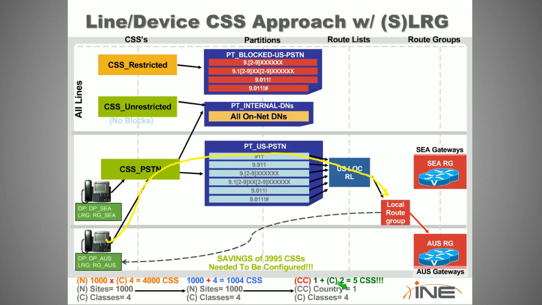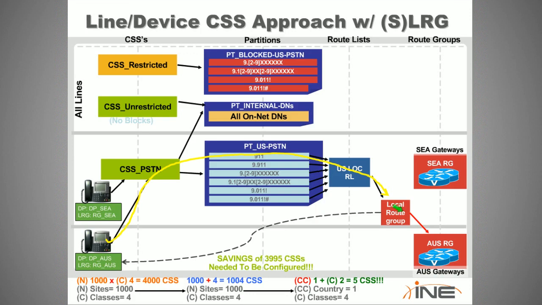That's a typo. But with 4 classes and 1 country, I now have 5 calling search spaces total. I'd have 3 block partitions plus my internal plus my PSTN partition, so I have 5 partitions. Instead of 6,000 patterns, I have 6 patterns. Instead of 1,000 route lists, I have 1 route list.